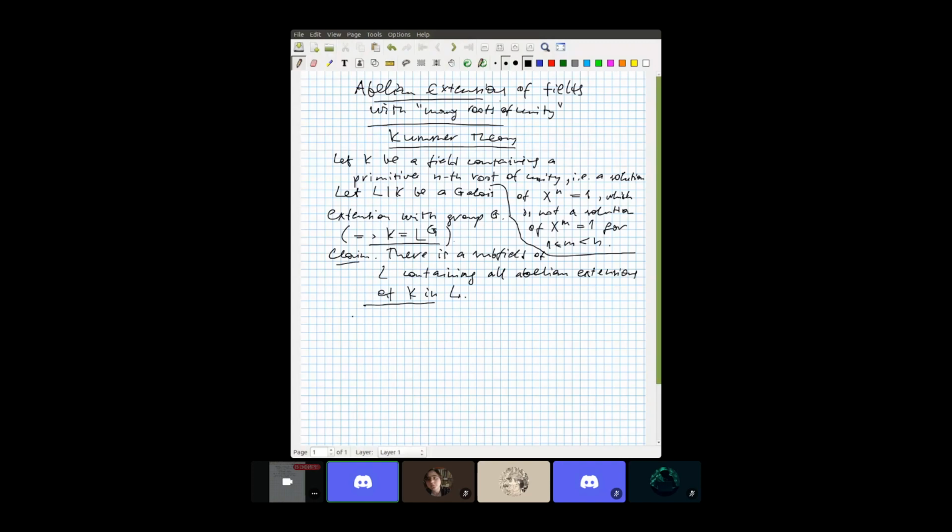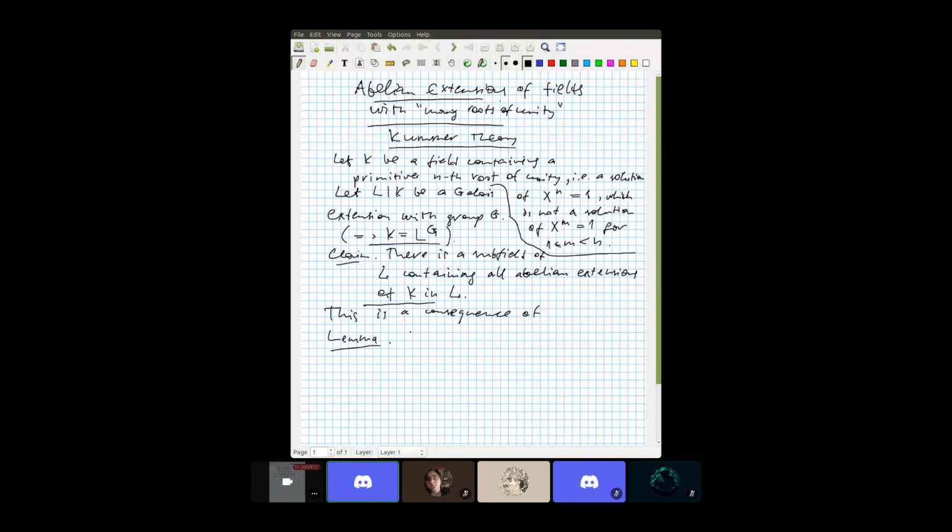This is a corollary, a consequence of the following lemma, which we had to consider as a part of the Galois correspondence.